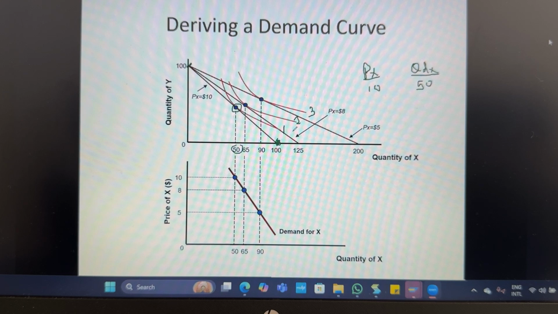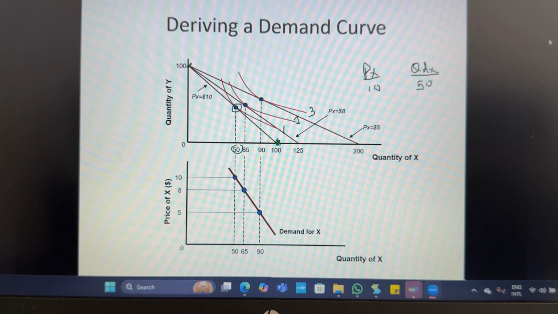At the moment, the price of X is 10, spending 10 rupees per unit, so you purchase the maximum of X, that is 100. To buy 100, how much should you have? 100 into 10, 1000.